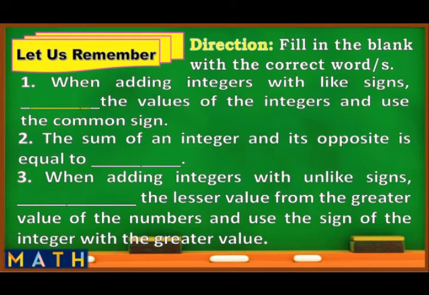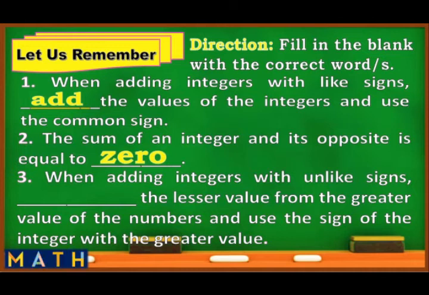Time is up! Let's see if you are able to remember some important points or concepts of our lesson. For item number 1, the correct word to complete the idea is add. For item number 2, the correct word to complete the idea is, you got it right, 0.